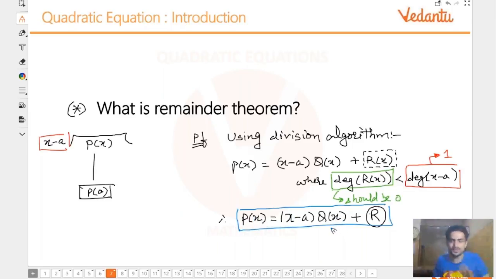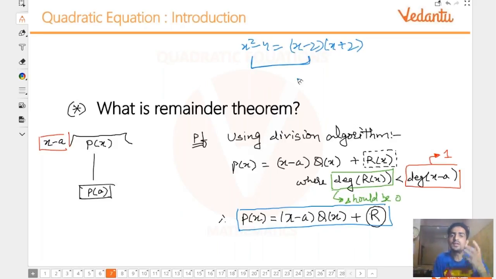I'm not asking when it will be equal. I'm telling you they are equal. And when two things are equal, it means they are equal for all values of x. Just like x square minus 4 is x minus 2 into x plus 2. Here I'm telling you they are equal. I'm not asking whether they are equal or not. Whatever x you take, it will come out to be equal to this.